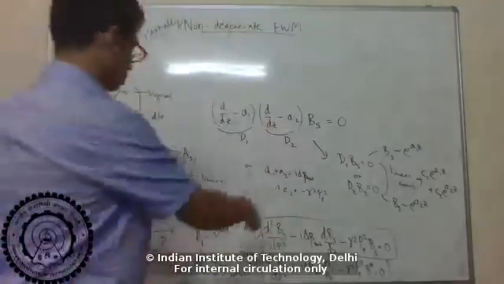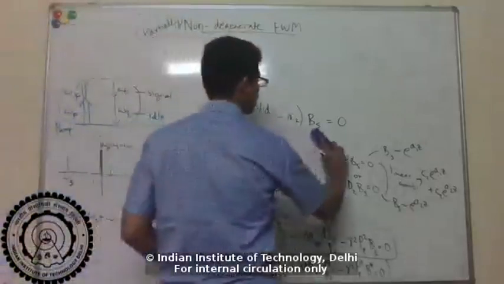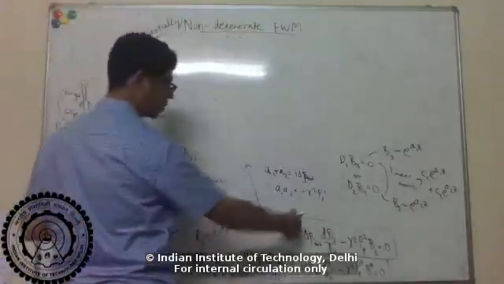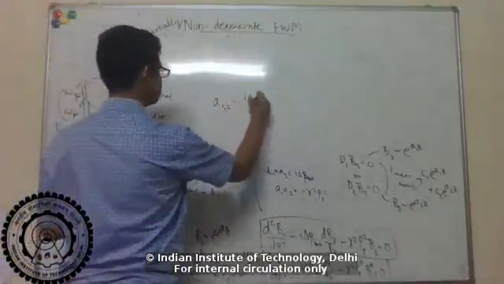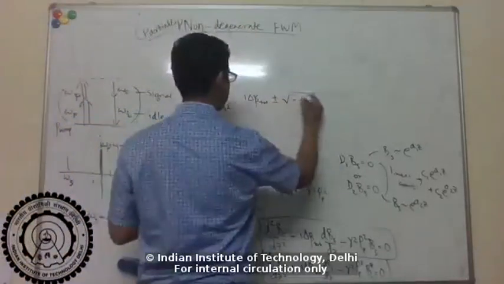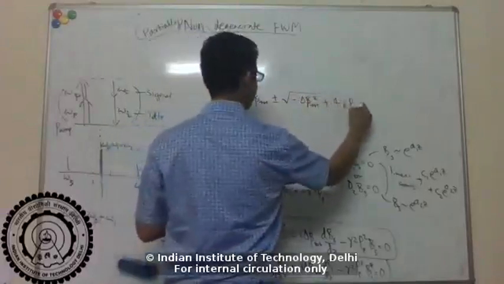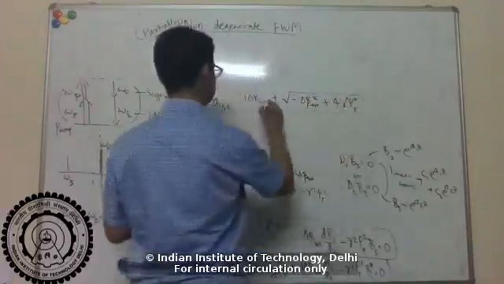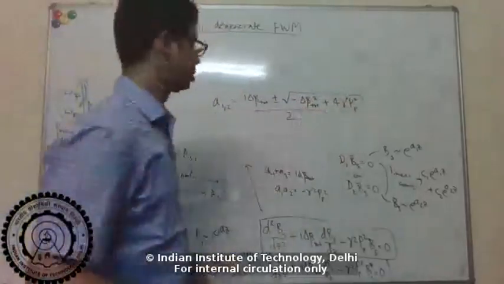Okay, so what are A1 and A2? You can see A1 will be, just like the quadratic equation solution, so you just use the quadratic equation formula.